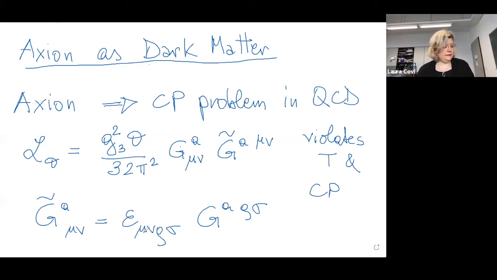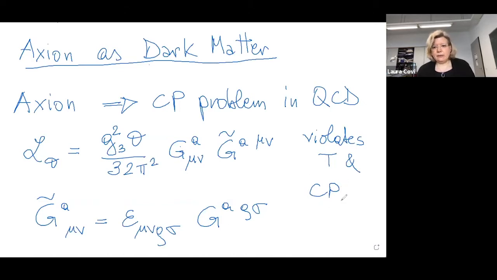This temporal index will tell you immediately that when you change the sign of time, one of the derivatives or one of the components of G will change sign. So the whole term will change sign if you invert T to minus T.